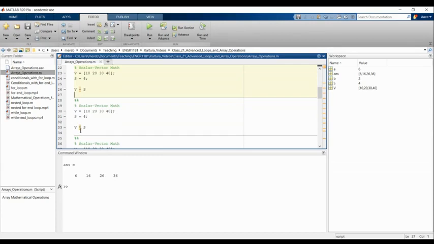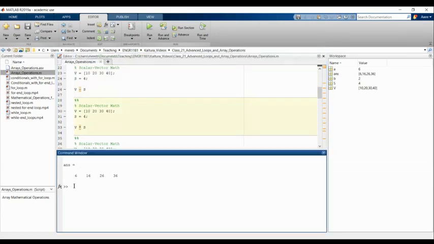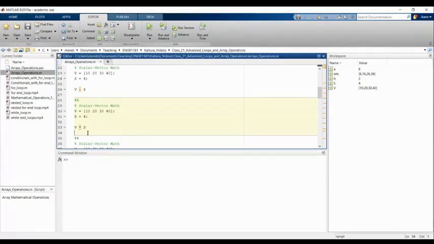How about if we use the multiplication? We should see the same thing. So this will be 10 times 4, we should get 40, 20 times 4, we should get 80, and so on. So let's run it.